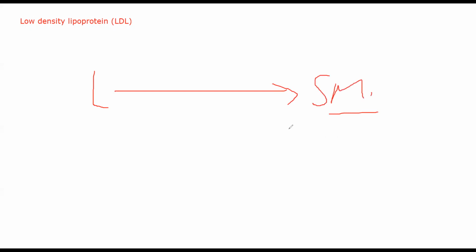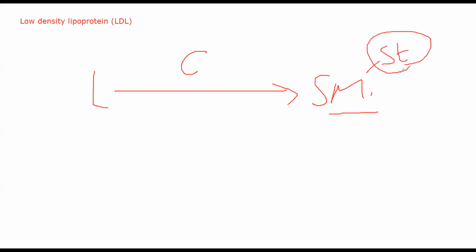What happens to that cholesterol which it is transporting is that it will be used for the synthesis of steroid hormones and other steroid products in whichever cell it is taking it to. Let's suppose it is taking it from the liver to skeletal muscle. In this skeletal muscle, your cholesterol will be used for production of steroid hormones.